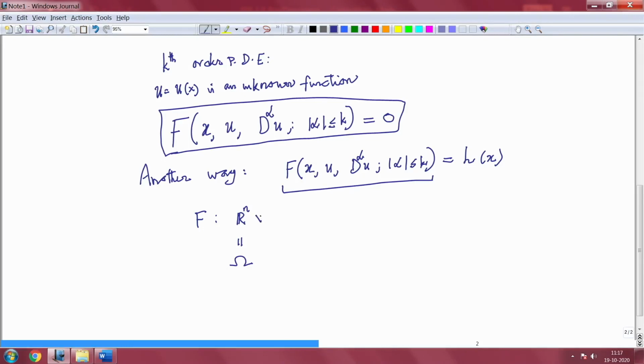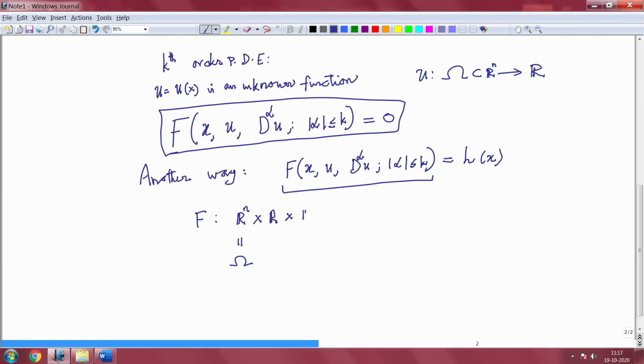Then you have your u, an unknown function. So, u mapping from some omega subset of Rn to R, and it is a real valued map. Then you will have some alpha; it depends on how many terms are coming.